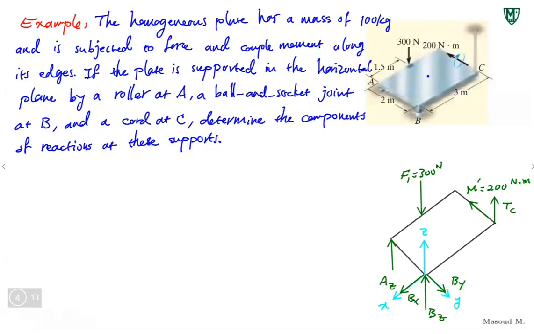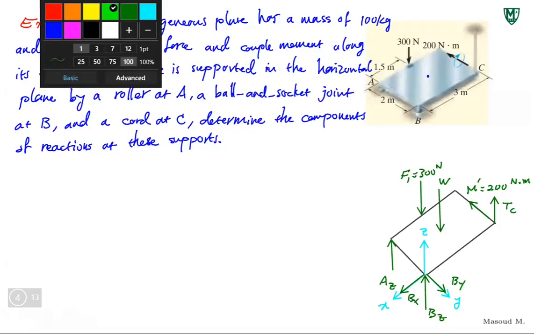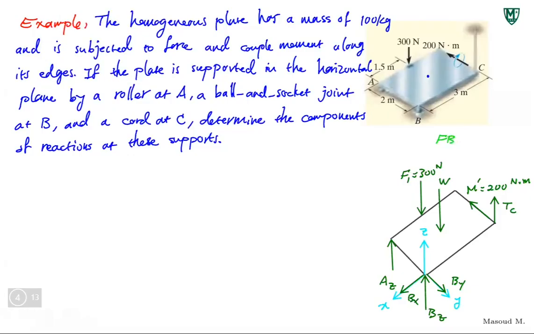And as I said, since it's homogeneous, it goes directly in the center. Let's call this W, which we can actually find. I don't want to make it crowded there, but it's 100 times 9.81. All right, I think we're finally done with the free body diagram. So this is our free body diagram.